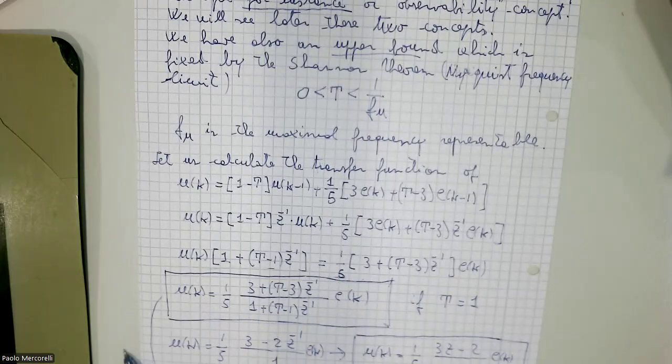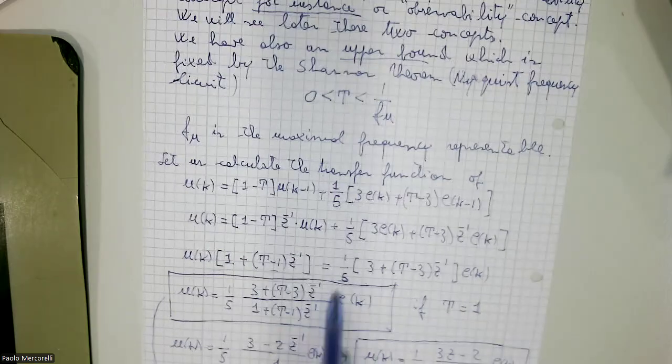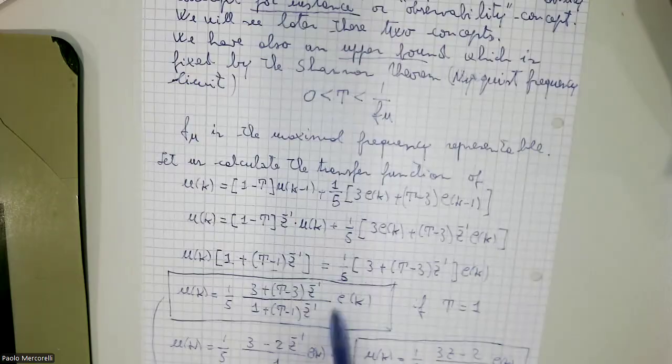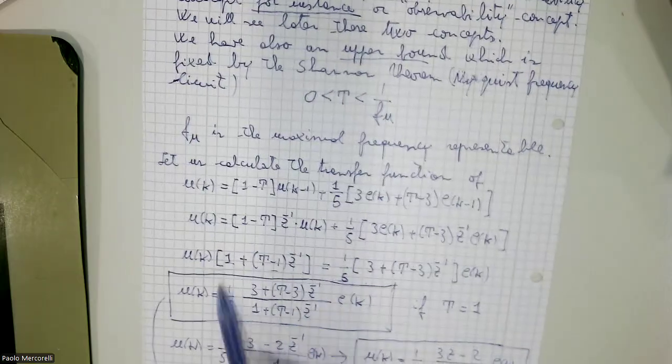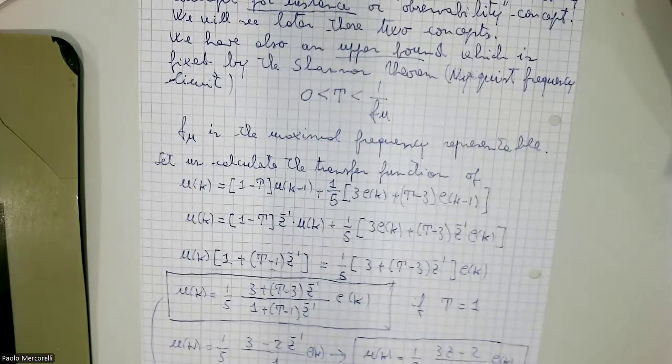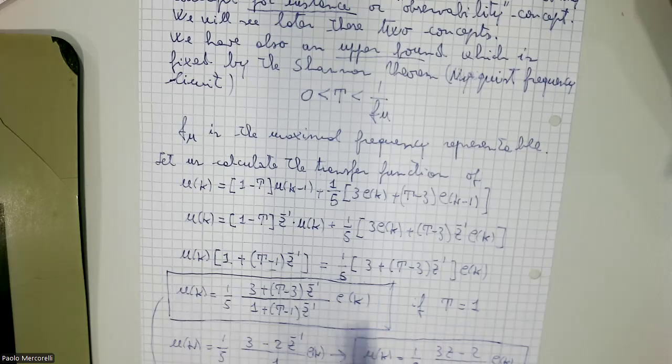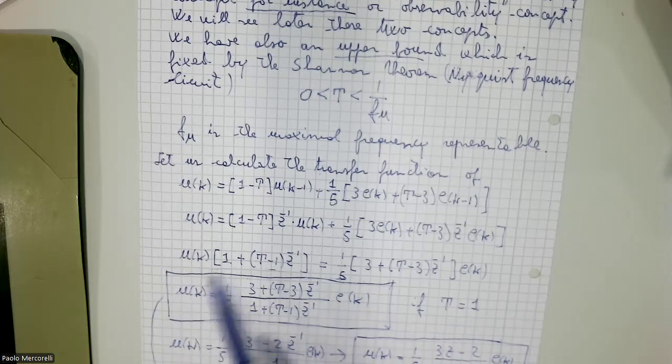If you want the transfer function, of course, I have to divide u of k by e of k, but the transfer function is this one. For t equal 1, I can have some expression, but let me consider this general expression.